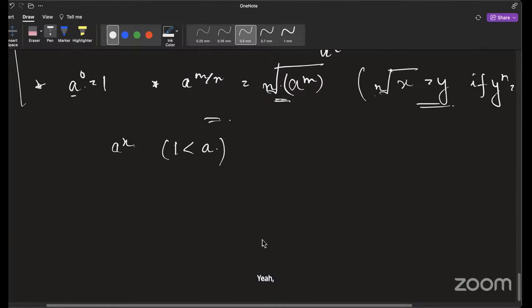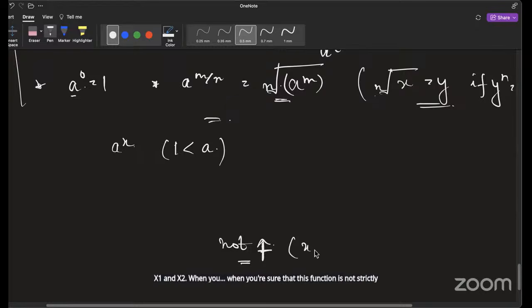Yeah, because for strictly increasing, you get two points, x1 and x2. When you know that it's not strictly increasing, but it's increasing, what you mean is you get x1 and x2 where your function has the same values. It is always not one-one. You are saying that. Yeah.